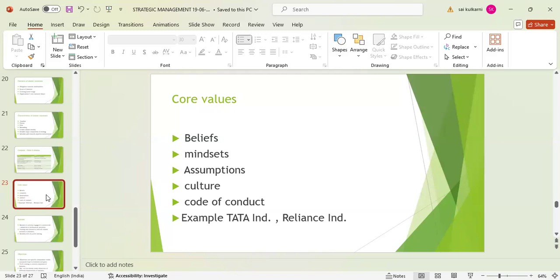You can even find the statements of core values for any organization and you can compare them. So each and every organization has its own beliefs, its own code of conduct and culture.